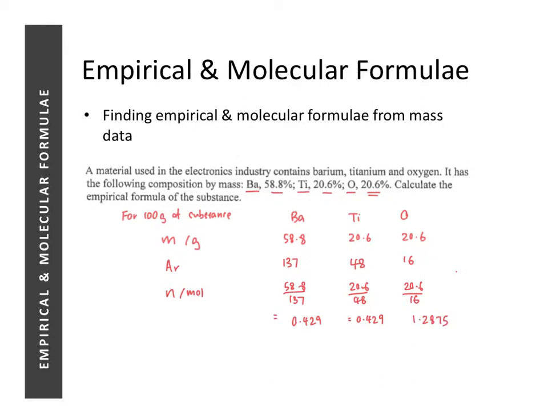Now that I've found the number of moles of barium, titanium, and oxygen, the last thing that's left to be done is to find the ratio. How do we find the ratio? Again, it is to look for the smallest number in there and divide everything by the smallest number. In this case, the smallest number is 0.429.